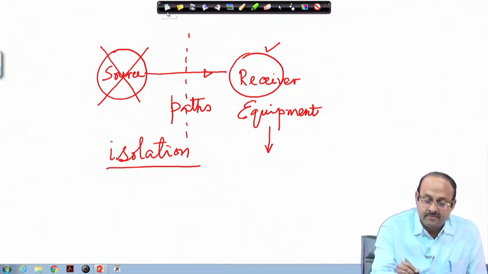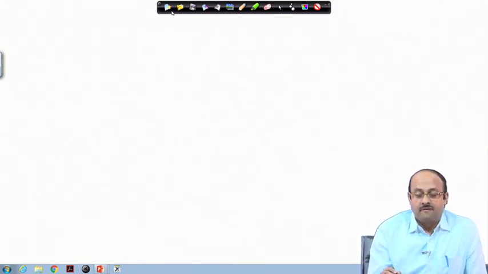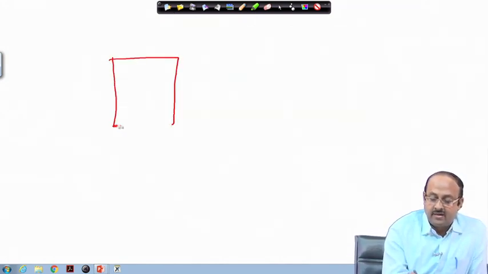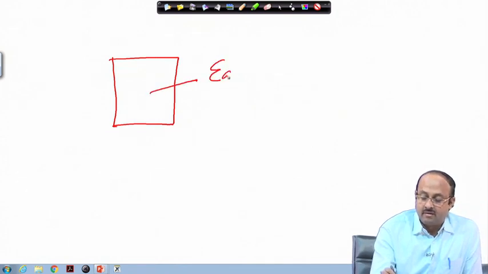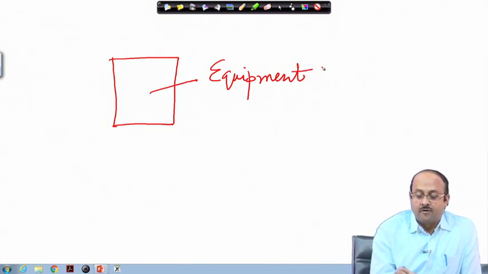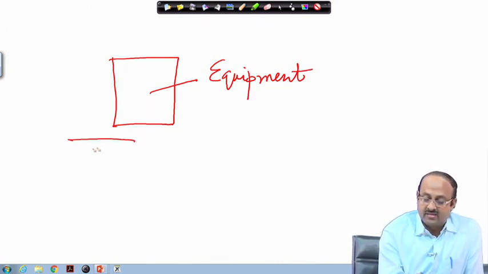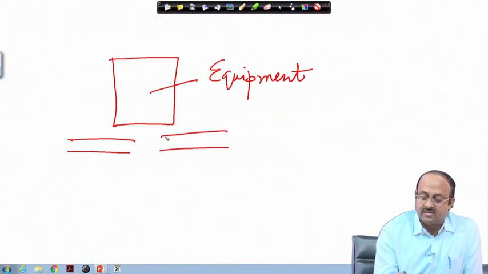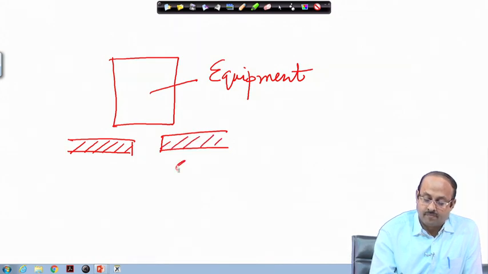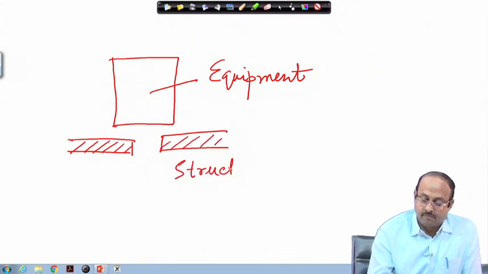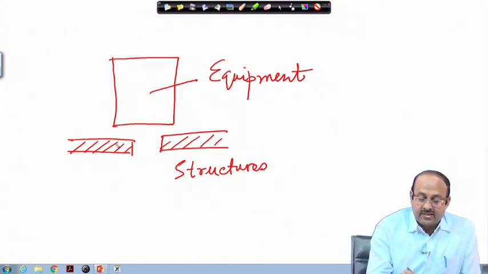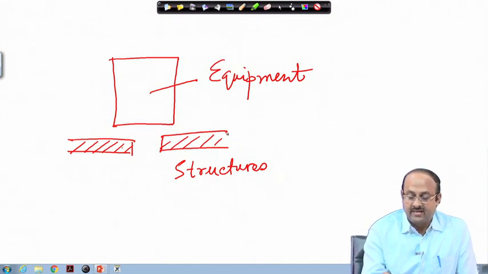This generally happens for the entire equipment. Supposing that we have an electronic equipment, which is of course to be supported on certain structures. So, let us call this the supporting structure. Now, this is the source of vibration because this is connected to the aircraft.